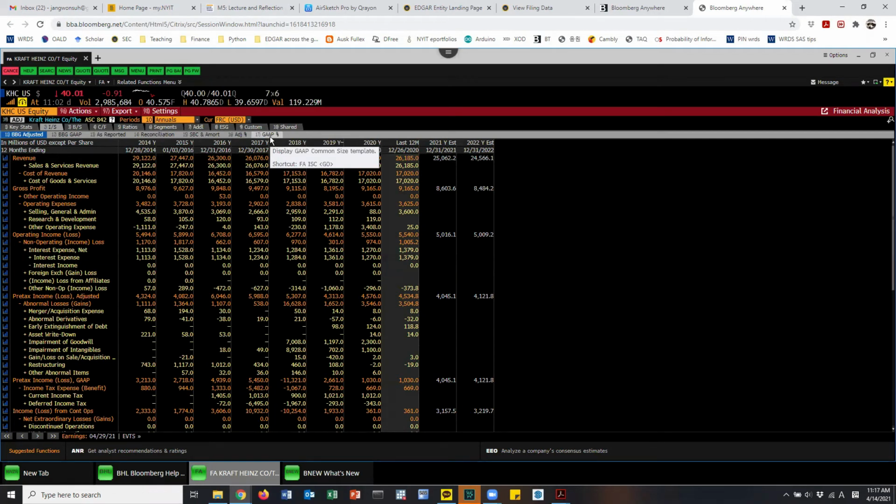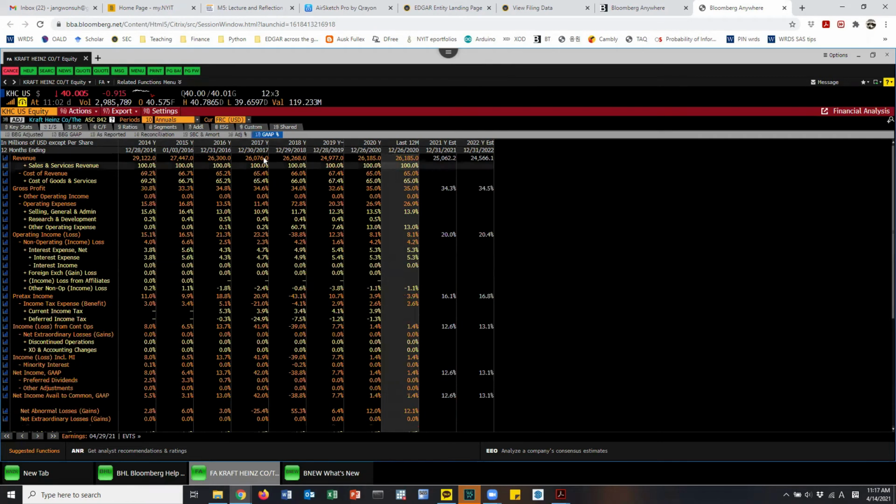Generally accepted accounting principles, percentage. Then you see that sales are up 100% over the years of 2014 to 2020. And gross profits are 35% to 30. Operating income 15 to 23 to 8. Wow, a lot of fluctuations.